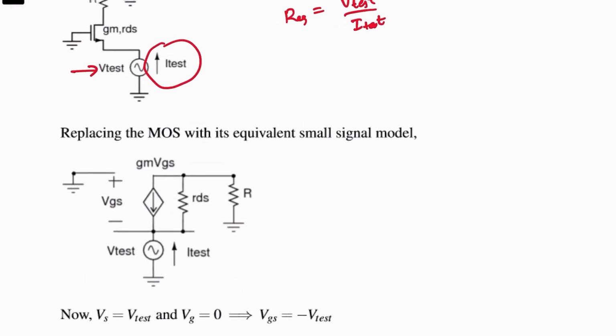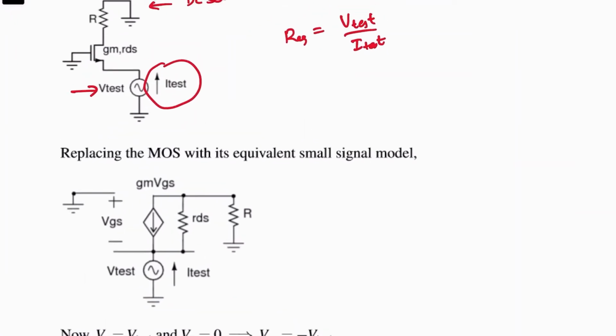So replacing the MOS transistor with the following equivalent small signal model. This is the small signal model with gm and rds, where vgs is the small signal gate to source voltage, right?